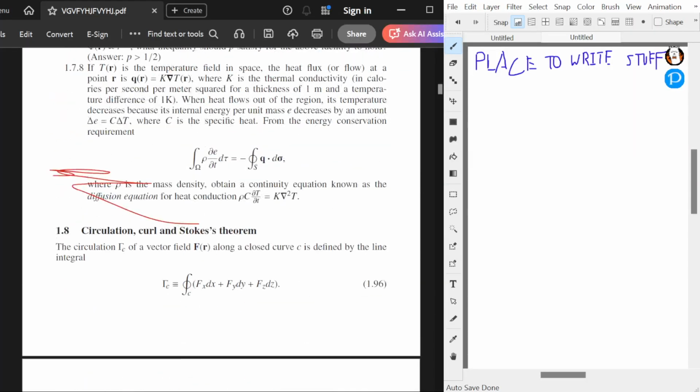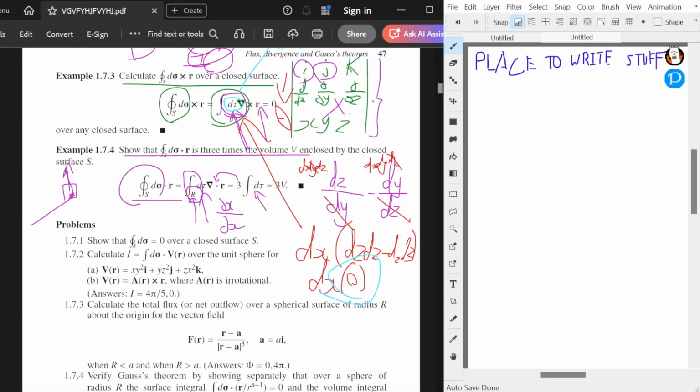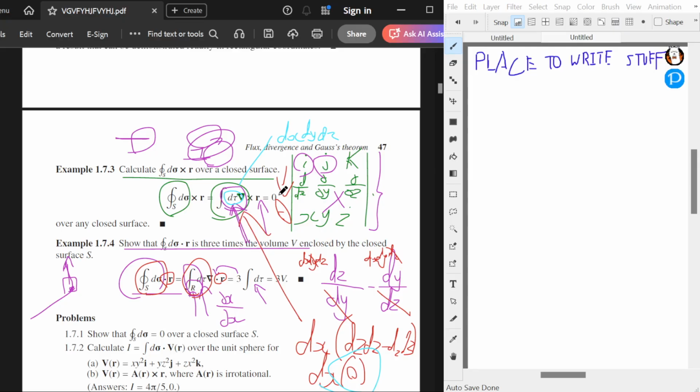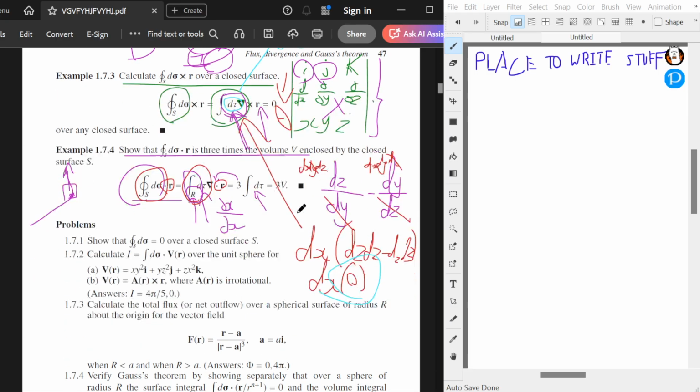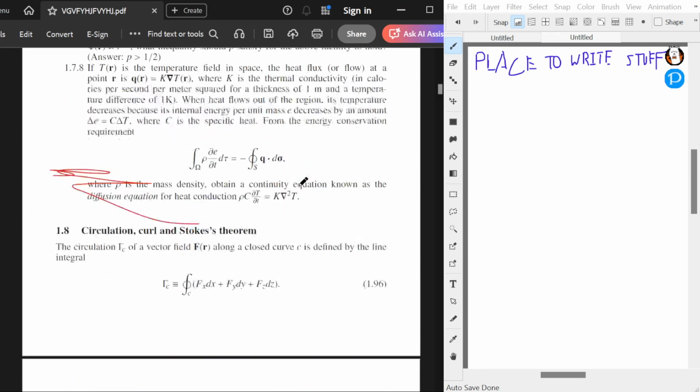You can just erase the thing it's acting on and say, oh, I'm changing the operator into a different operator, and it works out. And we have a bunch of conclusions you can draw from that, like this is equal to 3 times the volume and stuff like that.